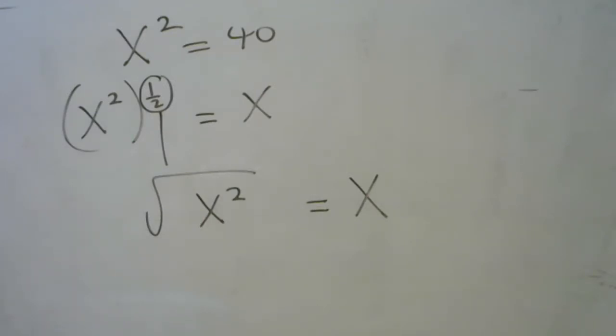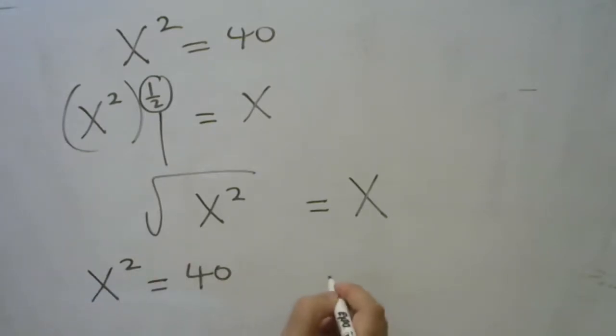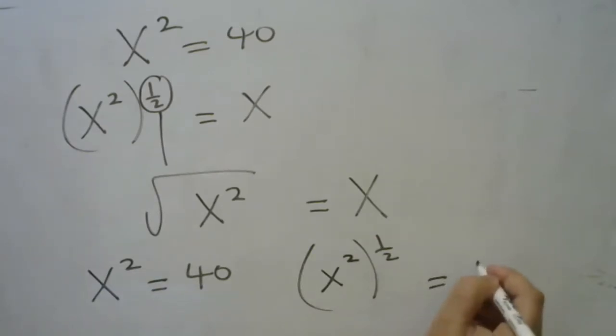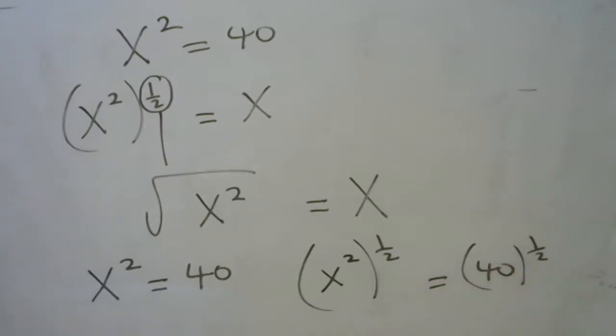Right? Now, to solve this problem, x squared is equal to 40. When you have an equal sign, what you do on one side, you have to do on the other side. So if I say x squared to the half, I know this is going to equal x. I also have to say 40 to the half.